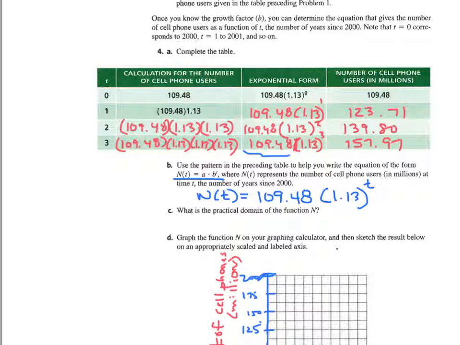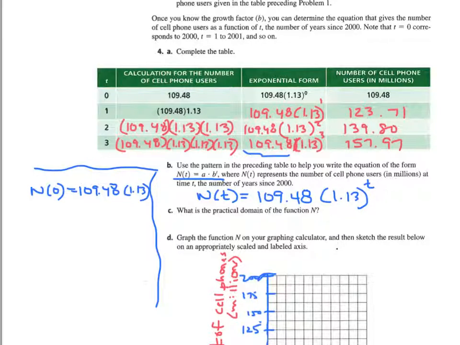So I just want to come over here for 1 second to show you how it does work out. If t were 0, meaning we're at the initial year of 2000, I just want to show you that by having that initial in the beginning, okay, if I raise that 1.13 to the 0, remember anything to the 0 is 1. So I do end up getting my 109.48. Okay, so that's my initial amount. And it's also my y-intercept.